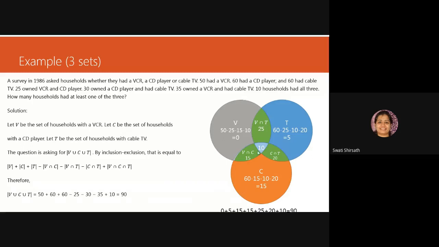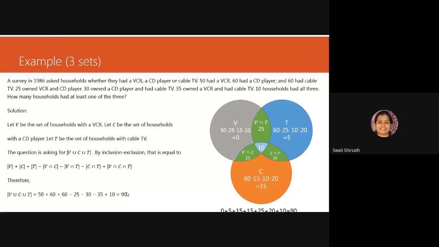Union means the whole Venn diagram. As we have calculated this and deducted the common values, we have the very specific values here, and we have just added all of them and got the final answer. So using this and this, we should get the same answer. So 90 we have got.